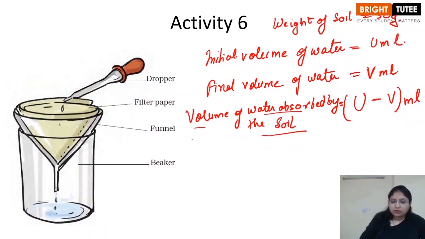Also similarly we can find out the weight of the soil that is absorbed by the water. So weight before pouring, that is the initial weight, which we are considering as U gram.